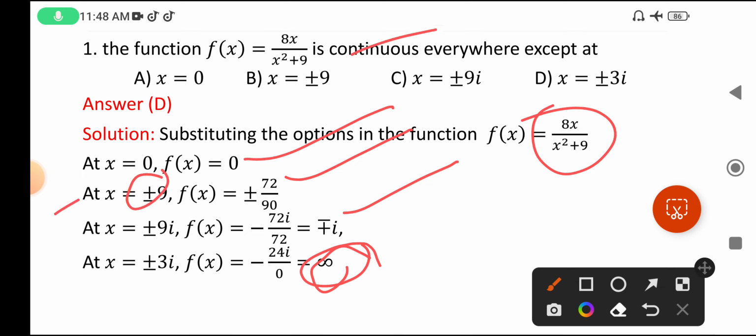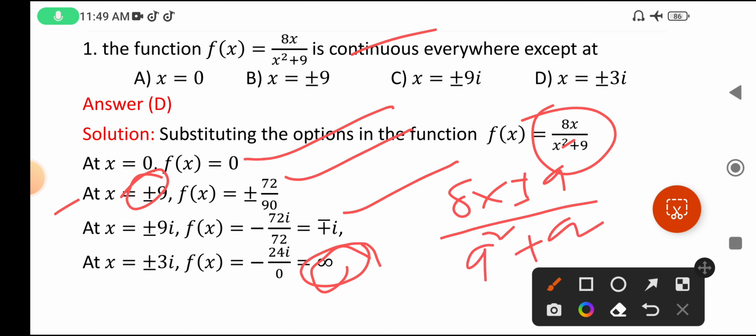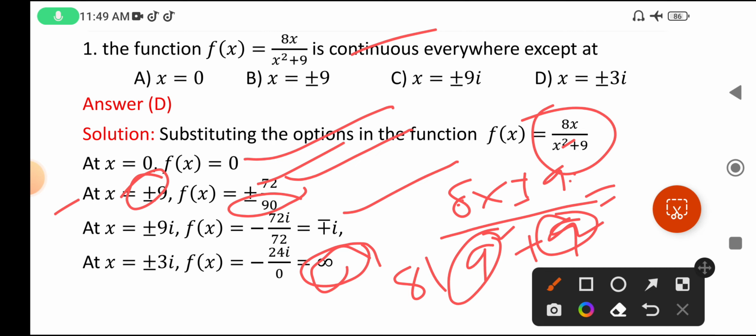If you substitute x = ±9, we get 8 times ±9 divided by 9² + 9. 9 times 8 is 72, and 9² is 81, plus 9 becomes 90. So we get ±72 over 90.